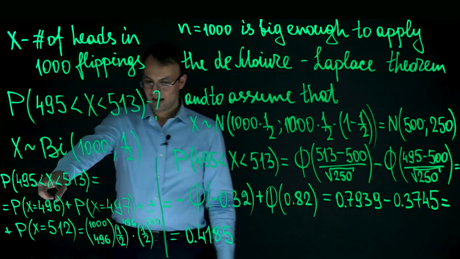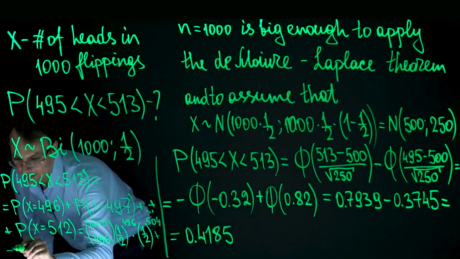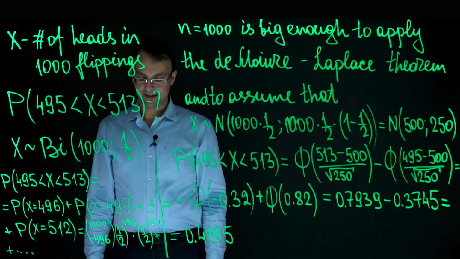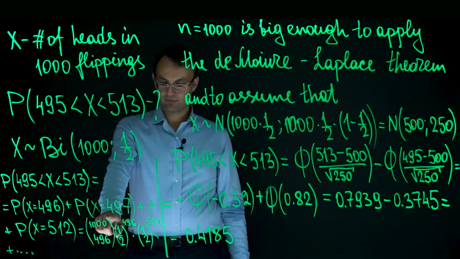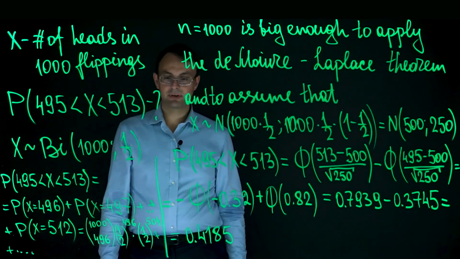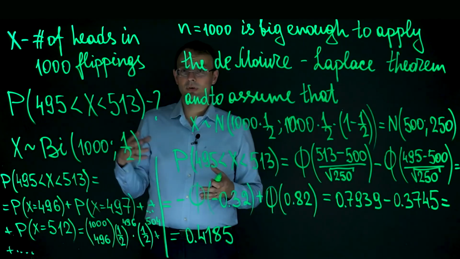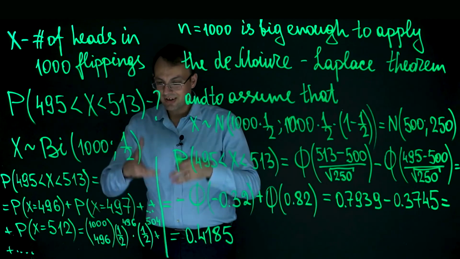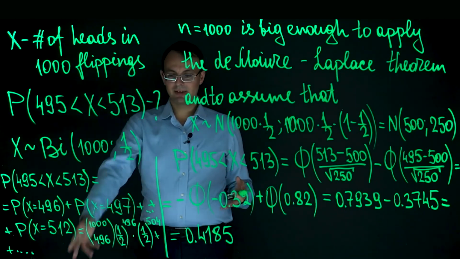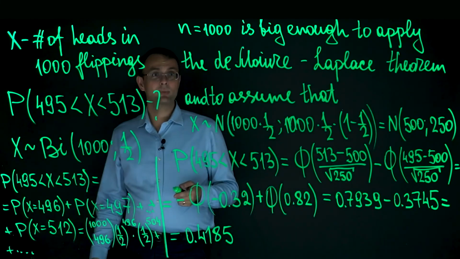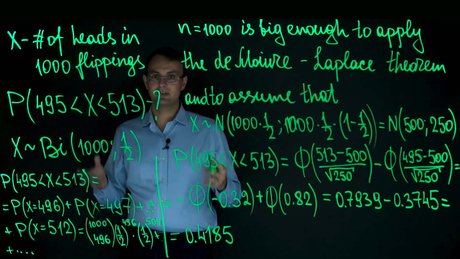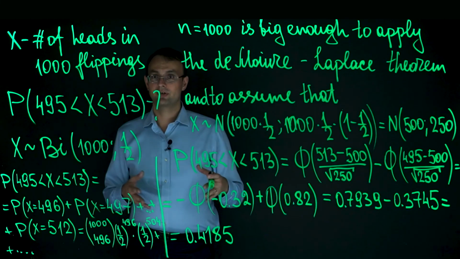Then I am to apply this Bernoulli formula 18 times for all these values. It is not difficult, but it takes a lot of time to find a probability of this kind. That is why applying the de Moivre-Laplace theorem fastens the calculations very much.